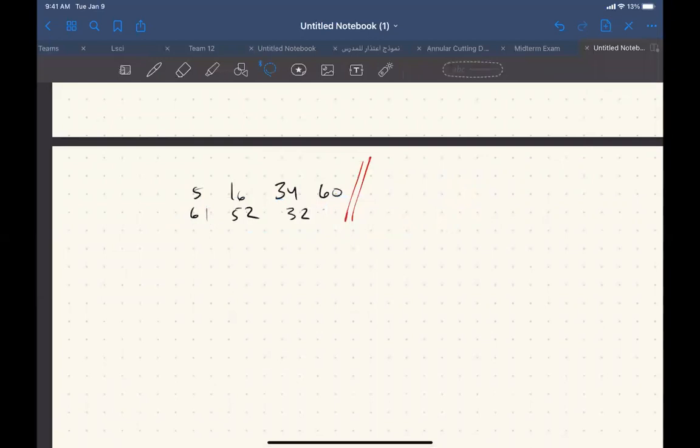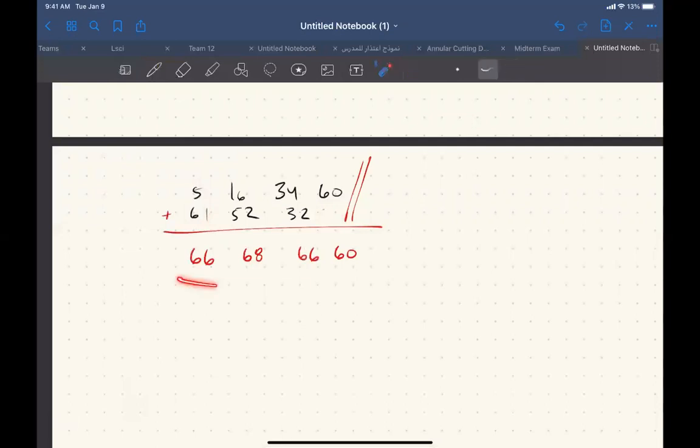So you take what's left and you move it to align at the beginning. If there aren't enough to fill it, that's fine. And then you just add: 5 plus 61, 66. 16 plus 52, that's 68. 34, 32, 66, and then 60.